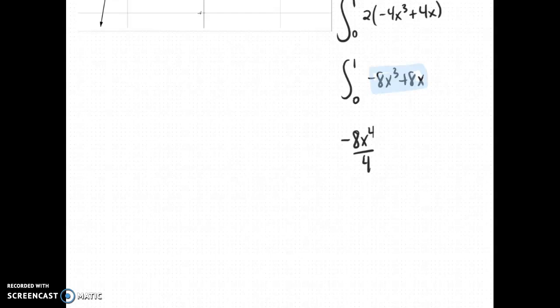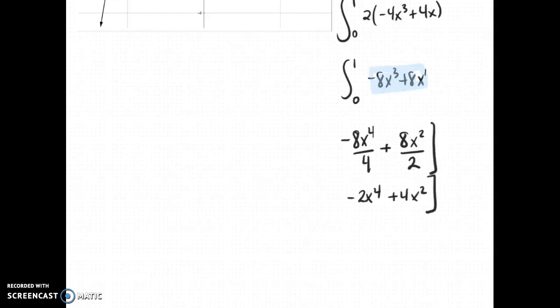And then the denominator will be 3 plus 1. Here I would get 8, and then here's x. This is to the first power, so it's going to be plus 1 x squared, and on the bottom, again, 1 plus 1 or 2. I end up with negative 2x to the 4th plus 4x squared.